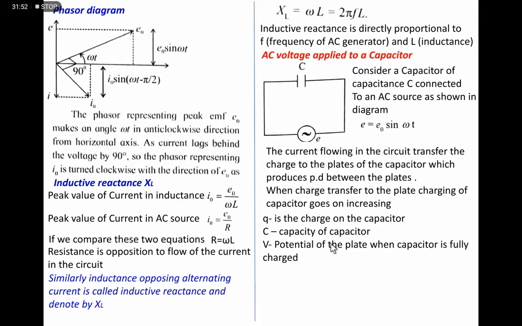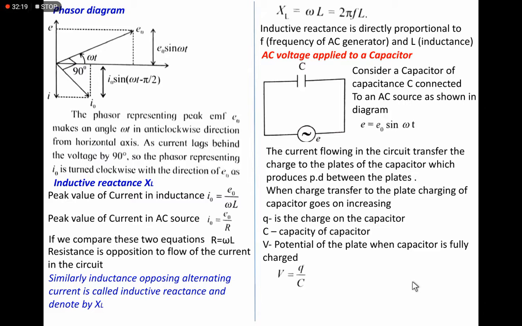Already this mechanism we studied in the chapter electrostatics. Q is the charge sent to the plate of the condenser. The potential of the condenser increases, and it relates to the capacity. So here we'll write the relation between potential, capacity and charge.